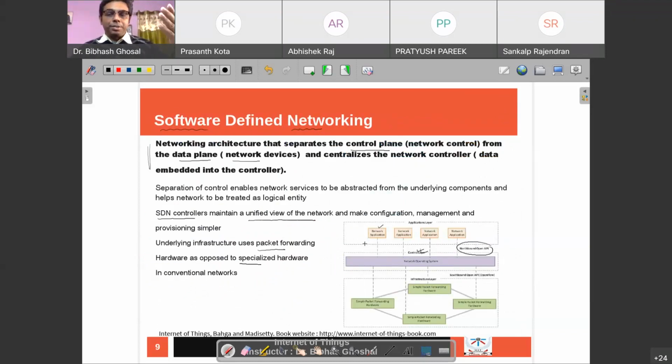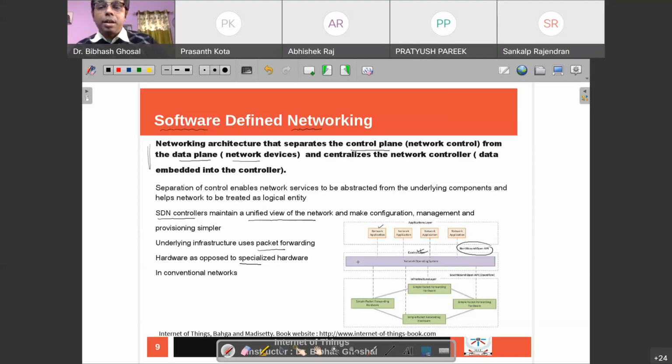That is applications. So applications, if they are going to take help of some networking, will talk to the switch, but not directly. They will actually talk to the controller. The particular application layer will communicate to the controller via an API.